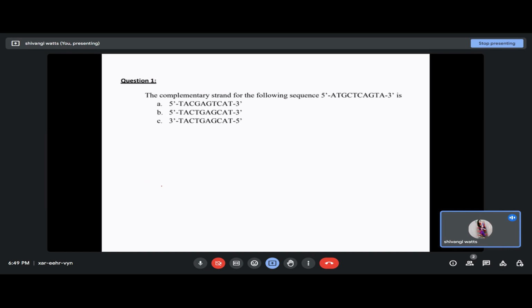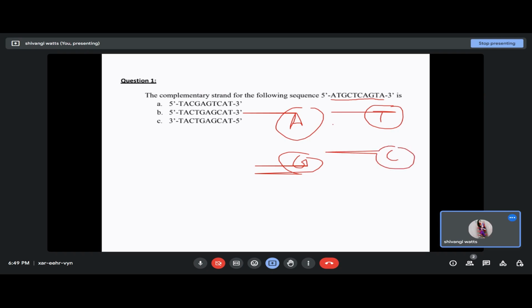Now we have to tell the complementary strand for the following sequences. As we all know, A is adenine, T is thymine, G is guanine, C is cytosine.